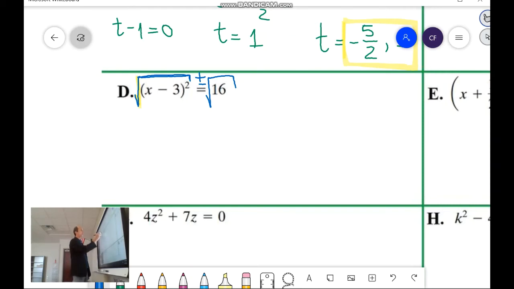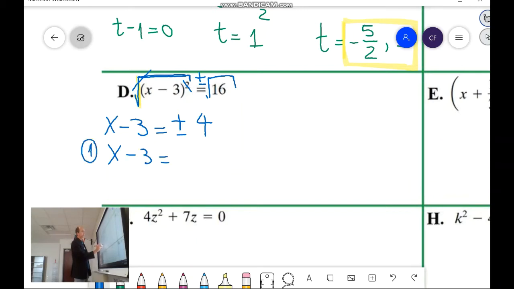So simplified, we have x minus 3 equals positive or negative square root of 16. And square root of 16 is 4. So we have two solutions. The first solution, x minus 3 equals negative 4. x equals negative 4 plus 3, negative 1.